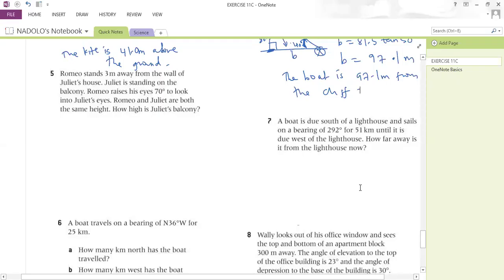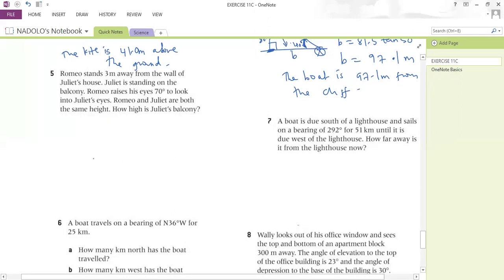Romeo raises his eyes 70 degrees to look into Juliet's eyes. Romeo and Juliet are both the same height. How far is Juliet's balcony? So we're going to sketch what the problem is saying.